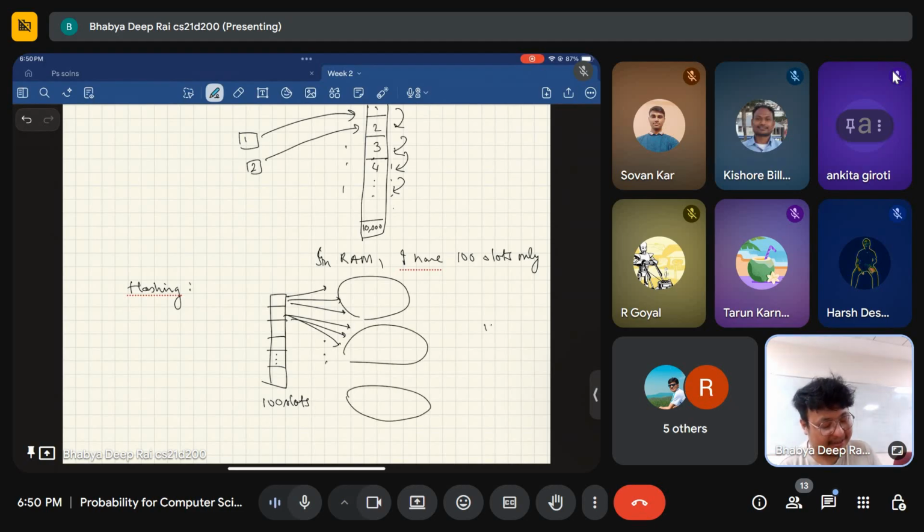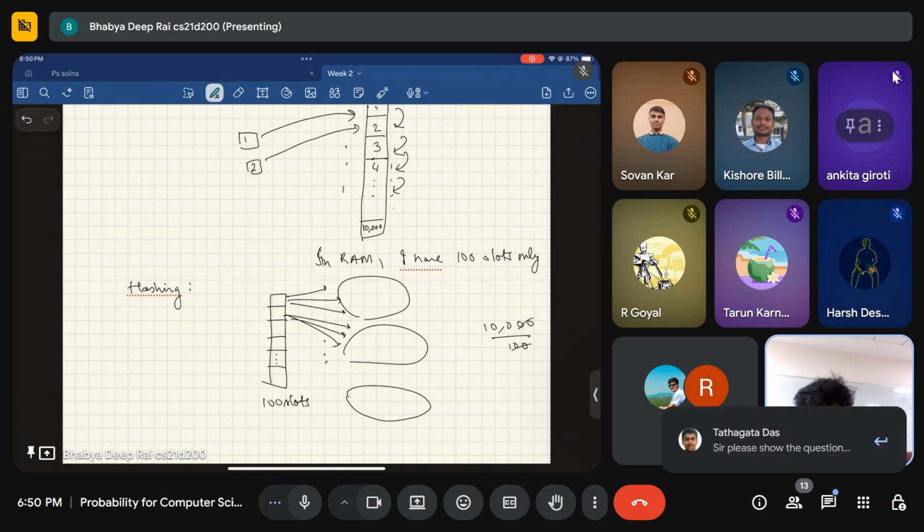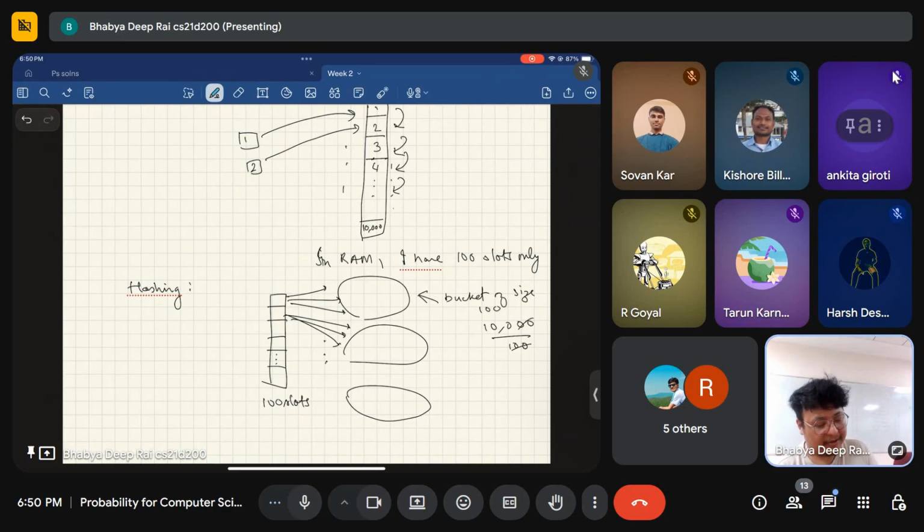So 10,000 divided by 100 is 100, and each bucket is of size 100. Let's say one item comes, I'll put it in the first bucket. Then the second item comes, I'll put it in the second bucket. And the third item comes, I'll put it in the first bucket.